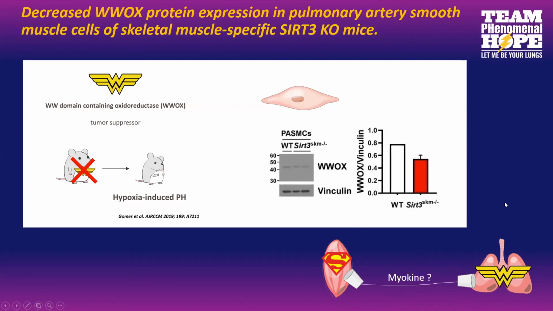So this is the direction of the study in the lab, and this is also an example to show you how cells and animals help in terms of pulmonary hypertension study.